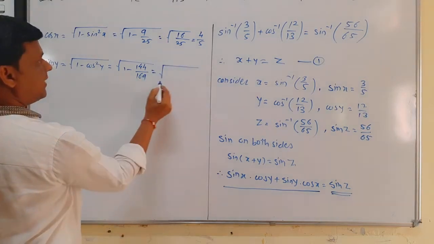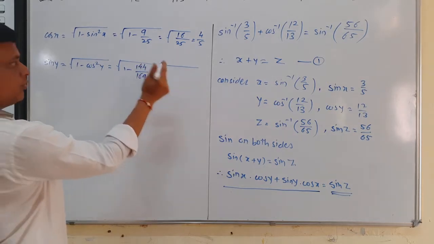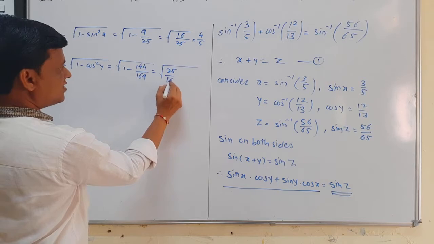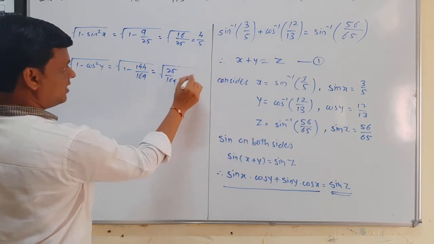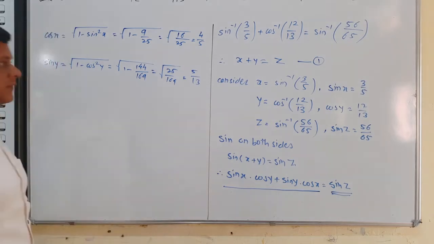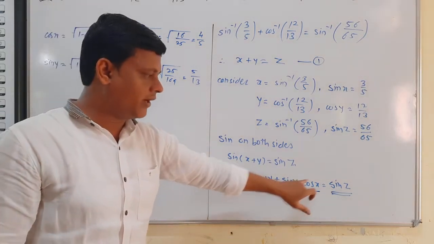Now cross multiply this, we get 169 minus 144, that is 25 by 169. So after taking square root we get 5 upon 13. Now we have the values of sin x, cos y, sin y, cos x.